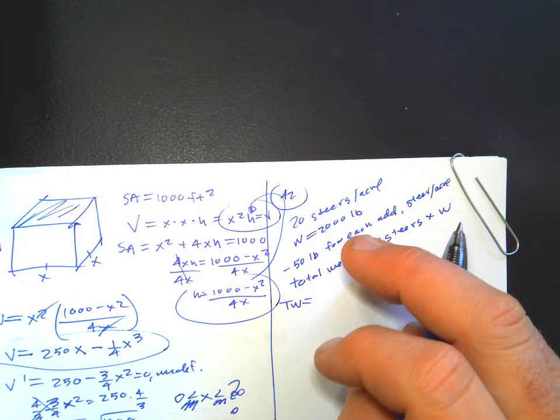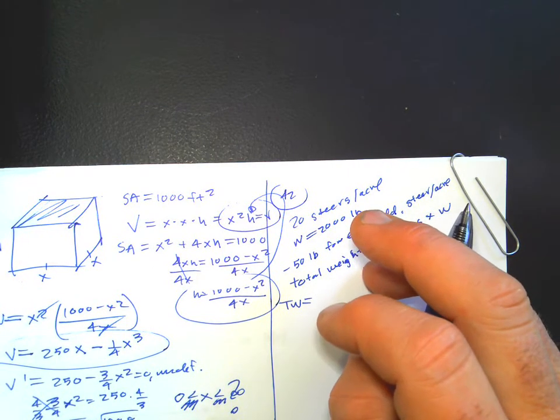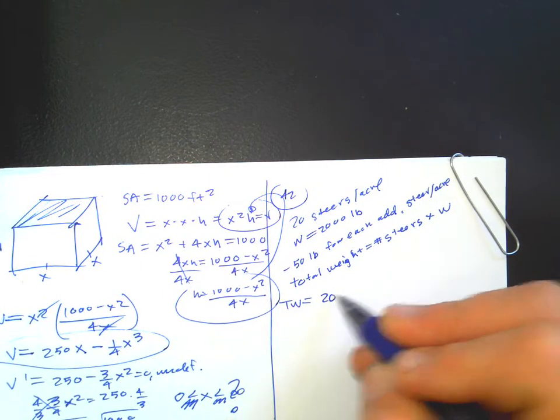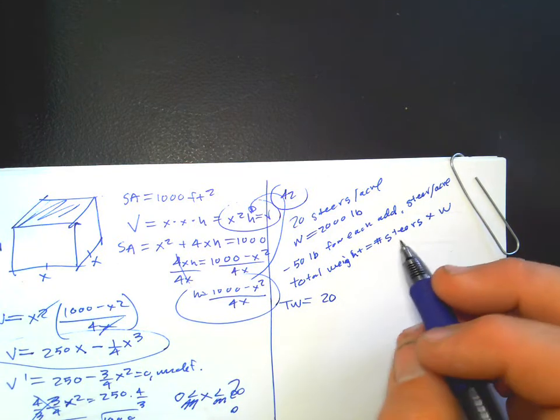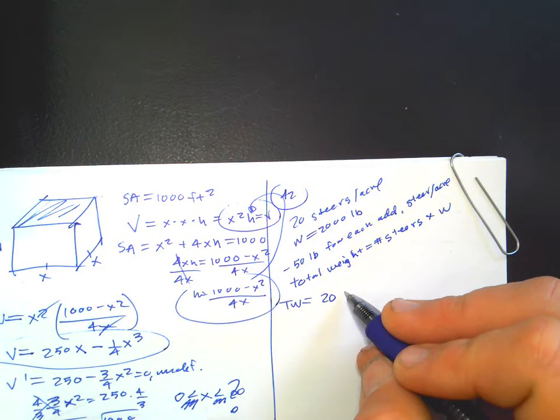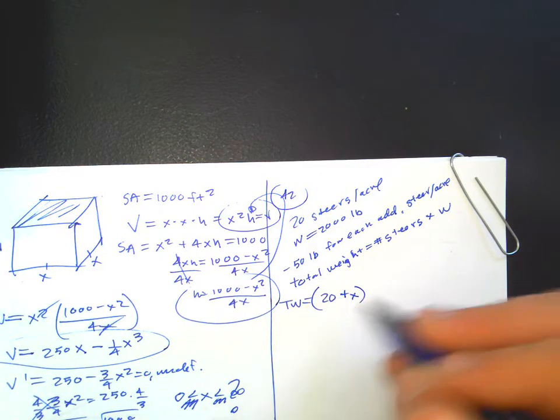Do we know how many acres we have? I think we're just going to get a max weight for steers per acre. So we have 20 steers. If we add more, it's going to reduce their weight.